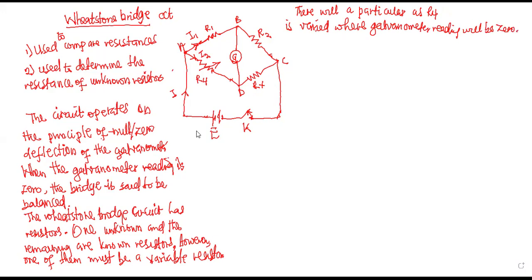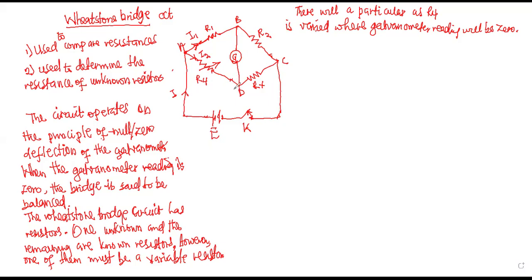Because R4 is variable, as we vary R4, there will be a particular value of R4 where the galvanometer will read 0.